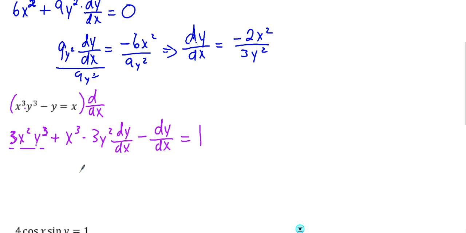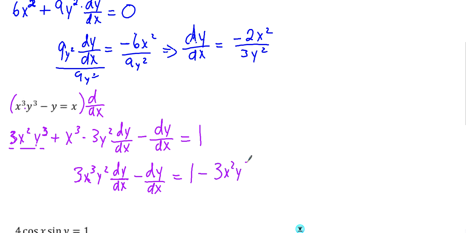So we get 3x cubed y squared dy over dx minus dy over dx equals 1 minus 3x squared y cubed.